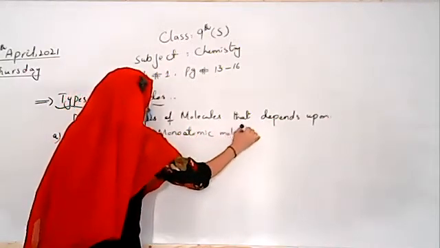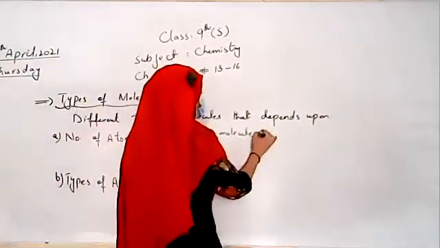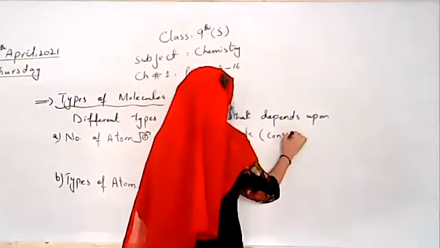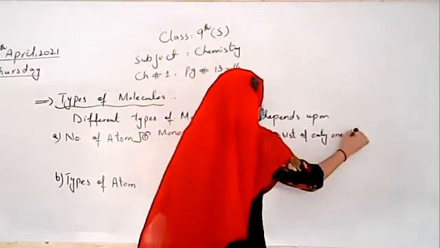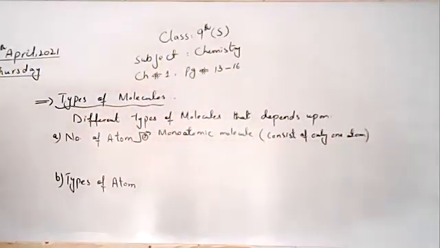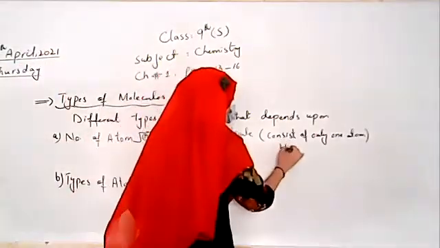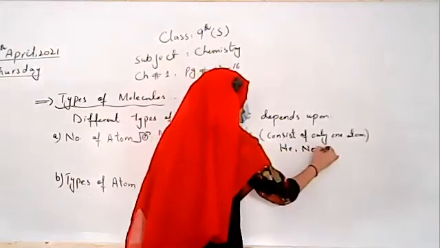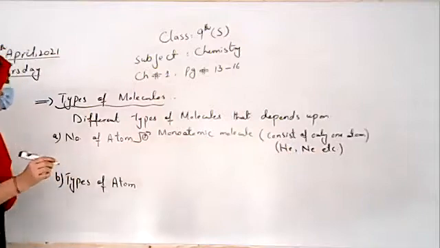The molecule which consists of only one atom is called monoatomic. For example, helium, hydrogen, okay? Inert gases: neon, argon, helium, neon. Write at least 2 examples of each type.